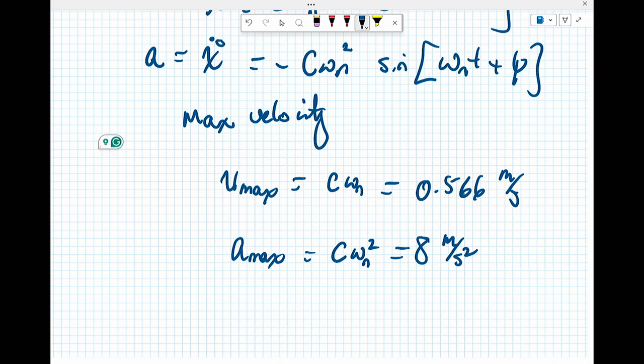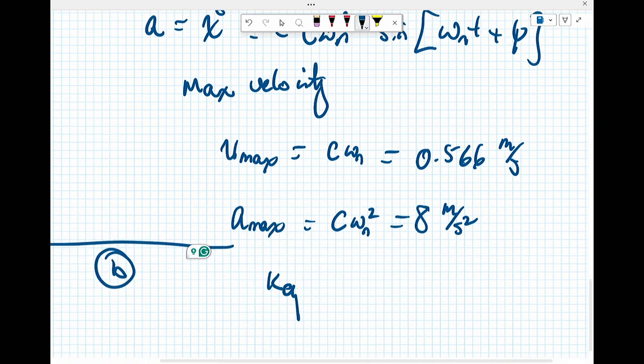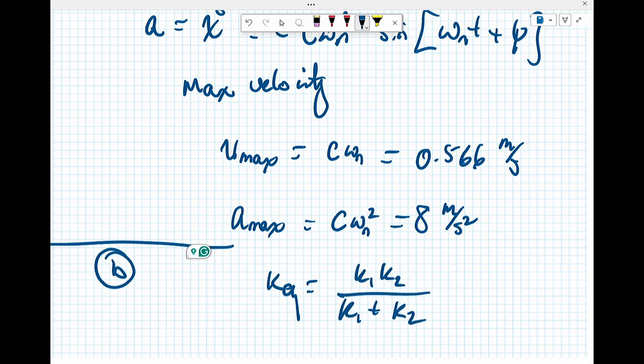All right, really quickly, I don't need to go through this for part B. I can just say that K equivalent is equal to K1 K2 over K1 plus K2.